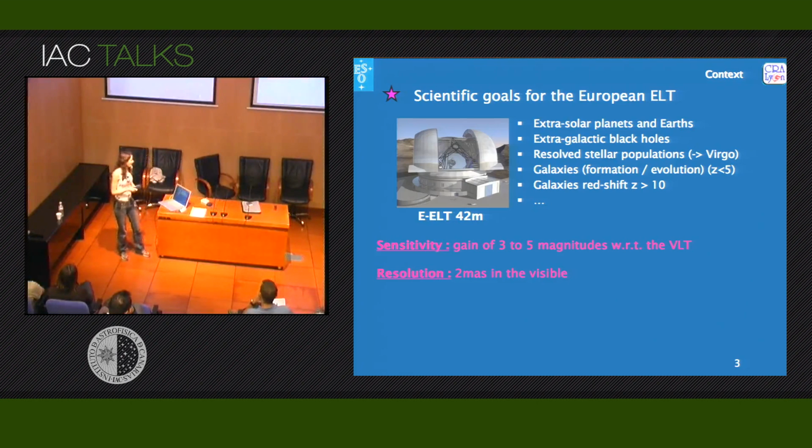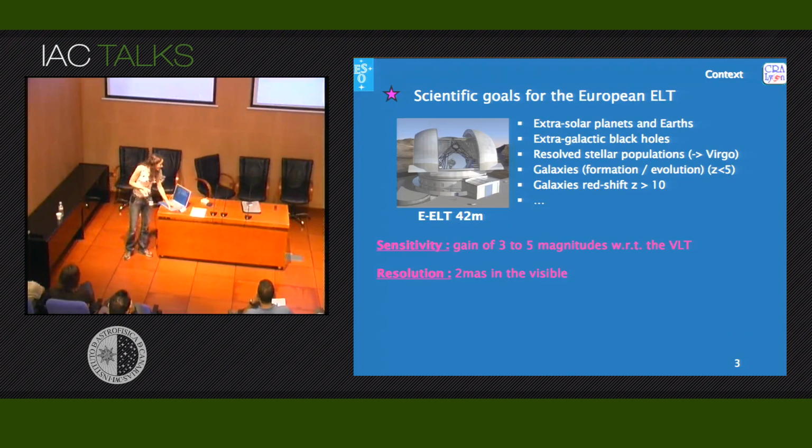So the gain of the European ELT is to have a great sensitivity with a gain of 3 to 5 magnitudes with respect to what is possible with the VLT. And also, because of the diffraction law, the resolution is increased using a bigger mirror, so we can have unavailable resolution, angular resolution, reaching 2 milliarcseconds in the visible.